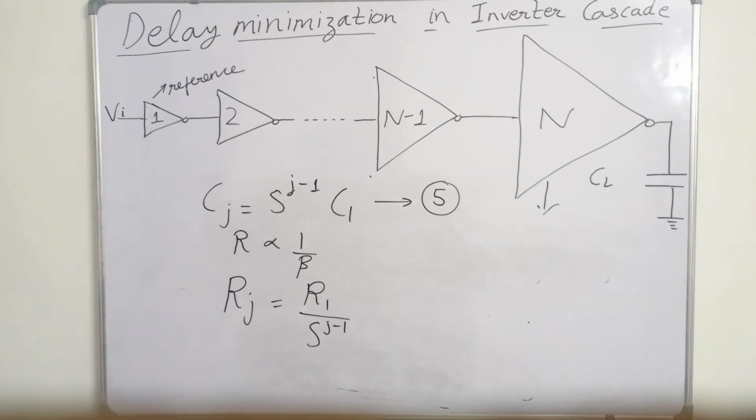So Rj is the resistance of the jth stage.